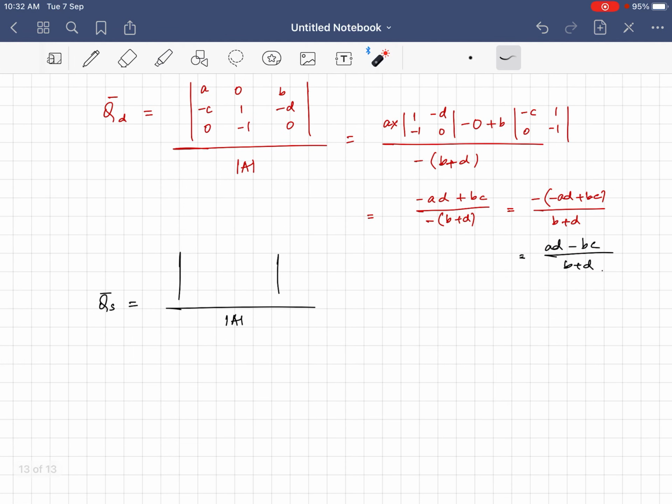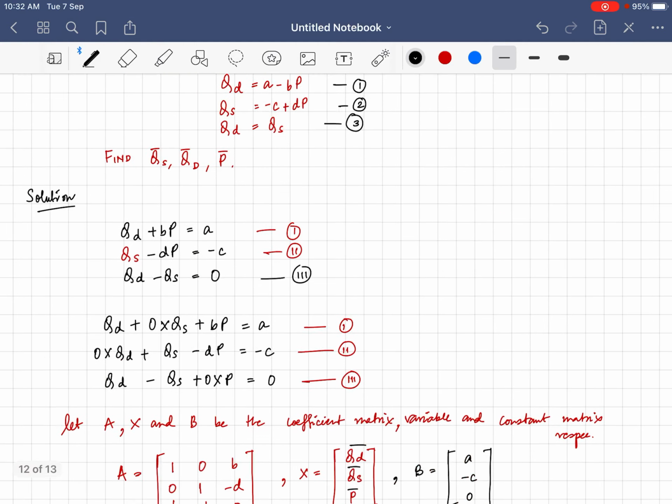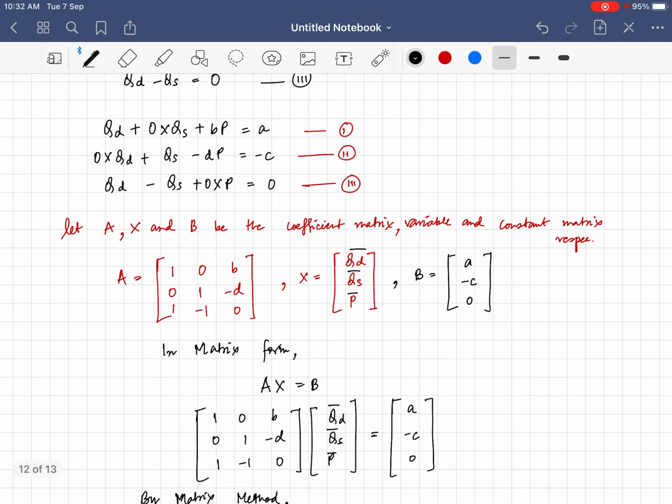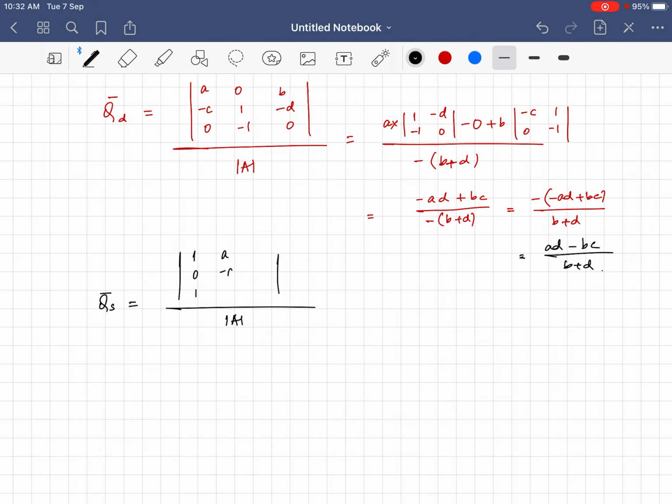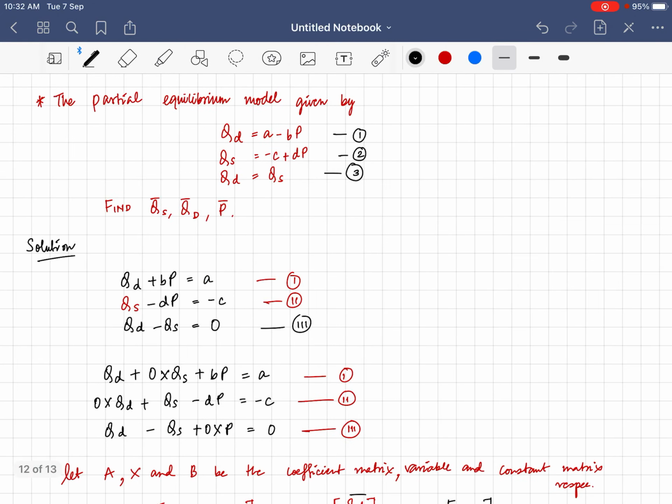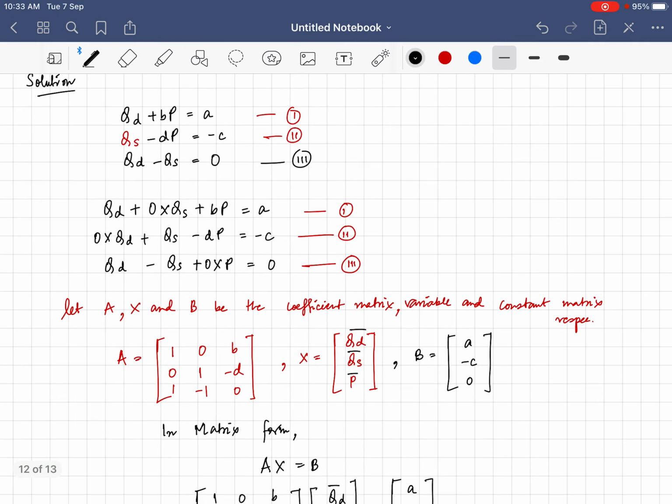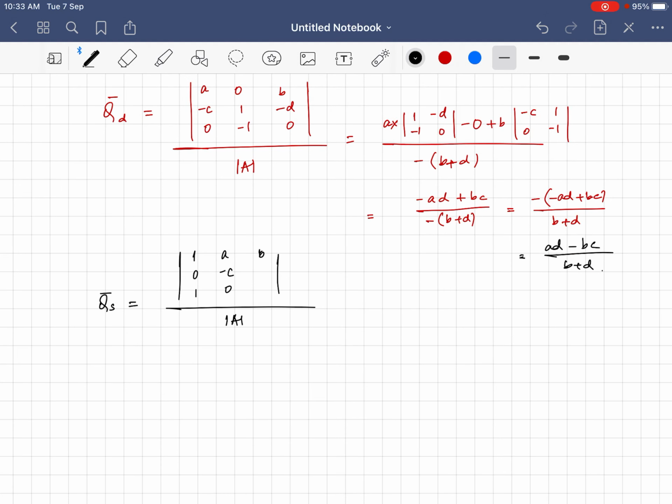So we have here 1 0 1, A minus C 0, and the last one is what? B minus D 0. So determinant of A, we already know the value of determinant of A, that is nothing but minus of B plus D. So now QS becomes how much?